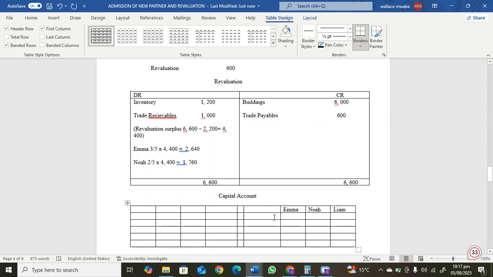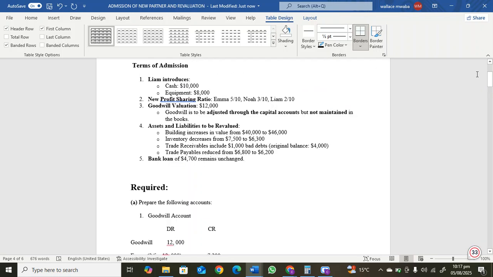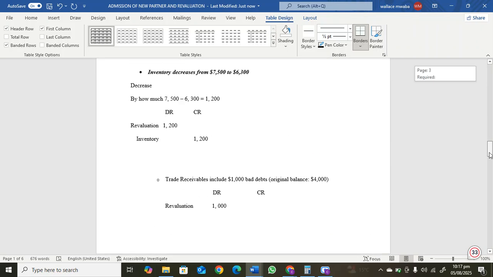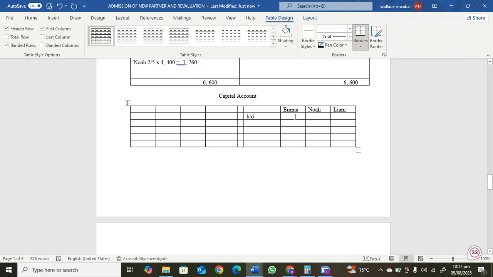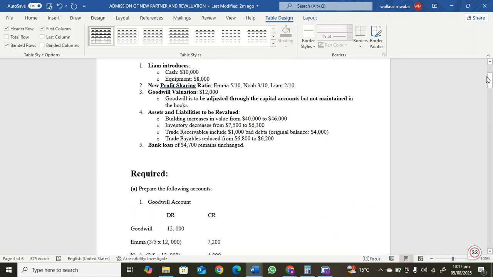So we're going to say balances brought down. We've been given the balances for Emma and Noah: 25,000 Emma, 15,000 Noah. Then next, Liam introduced some capital in: cash 10,000, equipment 18,000.